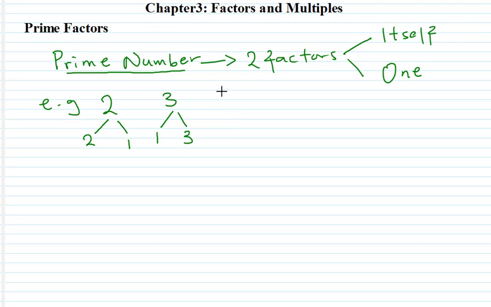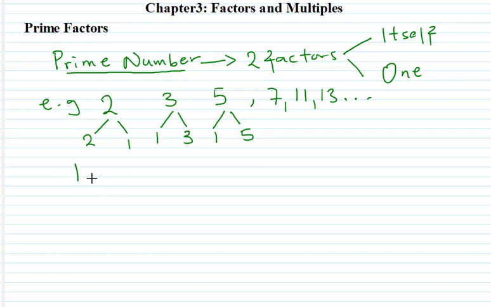Another prime number is 5, which has two factors, 1 and 5. Other examples include 7, 11, 13, and so on. All these are prime numbers. They have just two factors, itself and 1.